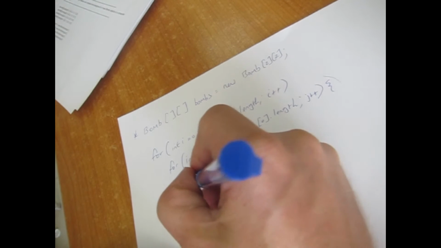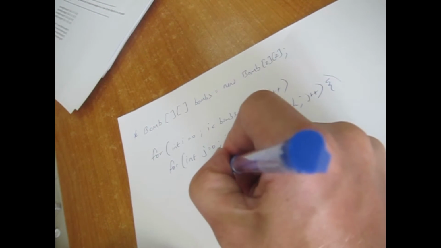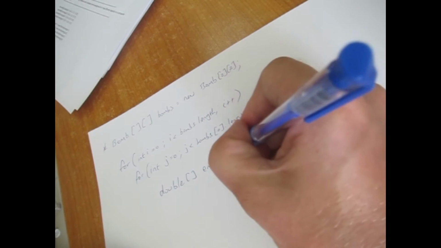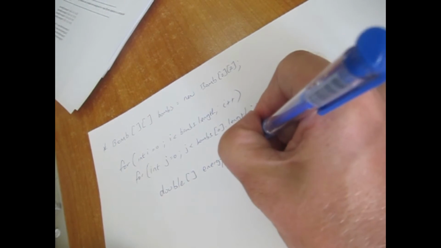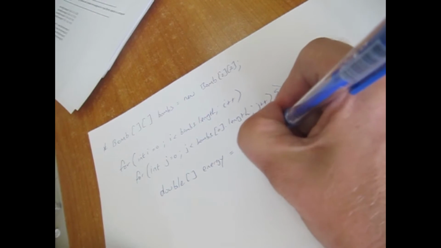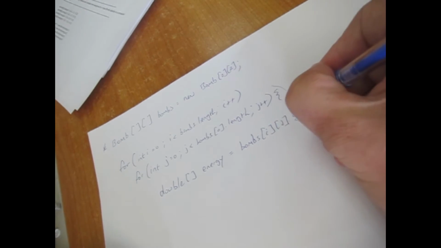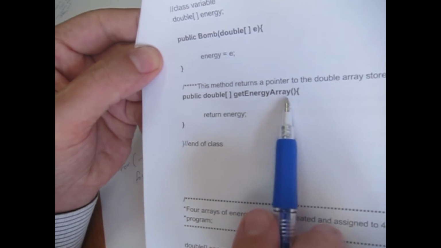I need to access each of the BOM objects' double arrays so that I can have a look at the energy values in the arrays. So what I'm going to say is a double array, which I'm going to call energy, is equal to BOMs[i][j].getEnergyArray.